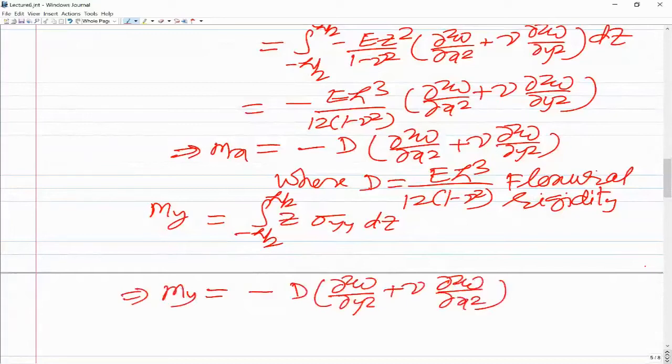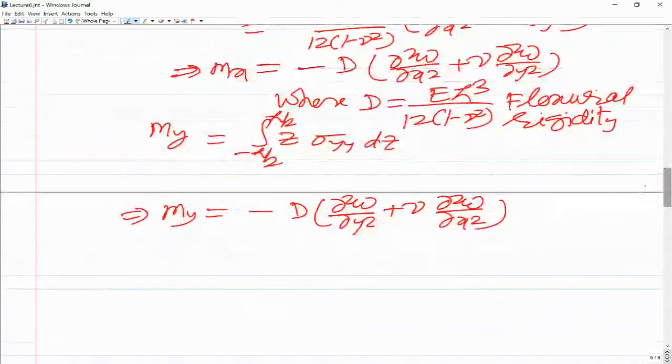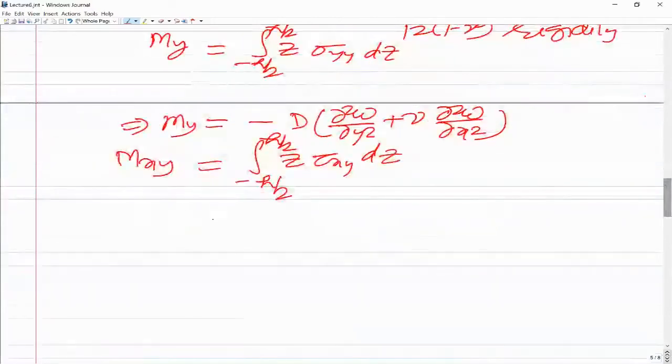Now if you look at Mxy, due to tau xy, when we multiply tau xy with z and integrate through the thickness, we have another quantity Mxy. So Mxy is defined as the integral from minus h by 2 to plus h by 2 of z into tau xy dz. Now if you put the values of tau xy, we have already written tau xy in terms of derivatives of w.